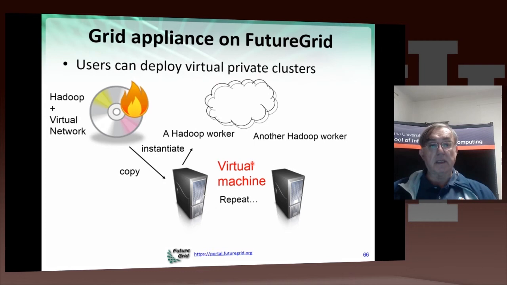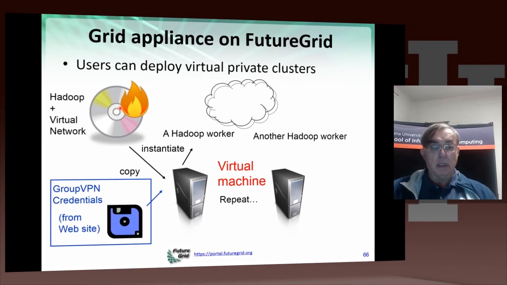Here's the last slide of this particular MOOC on grid appliances. And it just illustrates with Hadoop and a virtual network how this works. You have your Hadoop workers, which you instantiate. These are your virtual machines, which you just copy. Your appliance is just downloaded from a library. Then you need to get some credentials, where there's some virtual private network technology to describe a group of, say, students who can use this cluster.